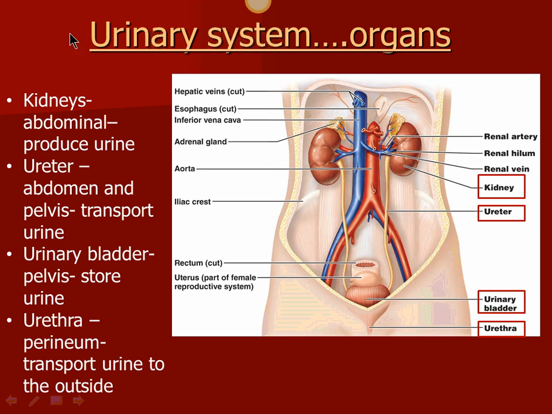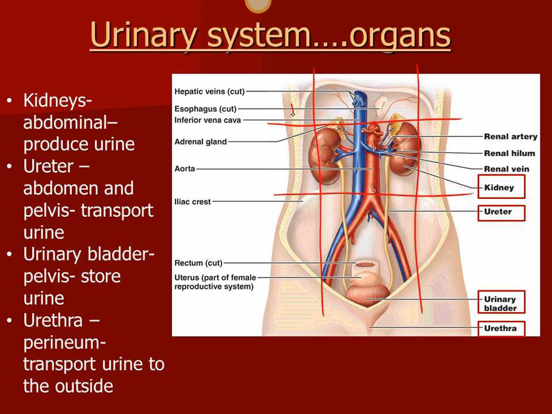So let's look at it. Here we have the kidneys, which are present in the abdomen. You can see this area of the abdomen where they are present. And from ANP1, you should remember, we divided the abdomen into 9 regions. Somewhat like this. You remember that?